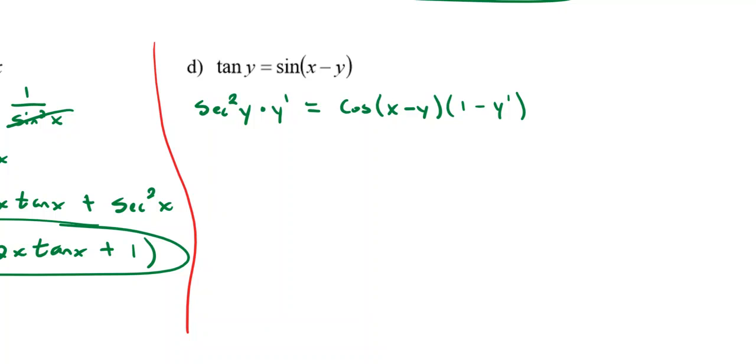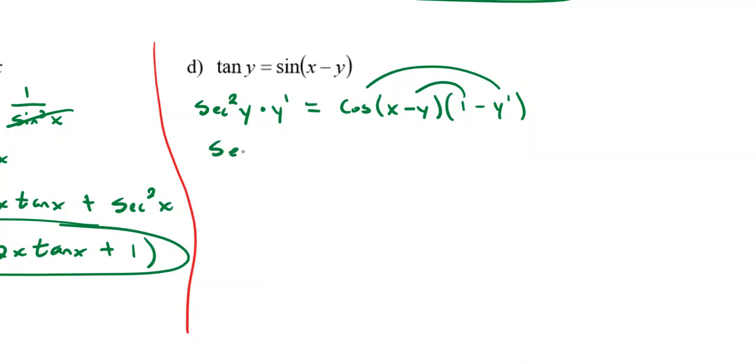All right, so now remember what we're after here. We want to get the y primes on the same side and then factor it out typically, and then divide by whatever's left, the other factor after we take it out. So right now it's just not really in the right form. I can't really bring this y over there. So really what I've got to do is expand this. So let's go 1 times that and then y prime times that to get 2 different terms happening.